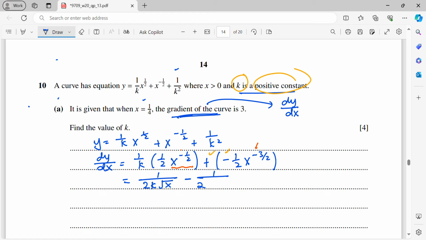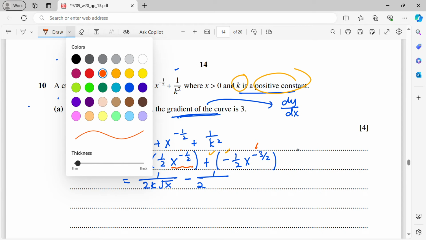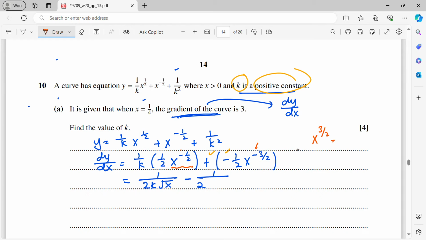Now x to the power 3 over 2, just for your information, is x to the power 1 times x to the power half, because we have a formula, a to the power m times a to the power n is a to the power m plus n. That means I will say x square root x. That is my x to the power 3 over 2. Therefore, here I will write x square root x.